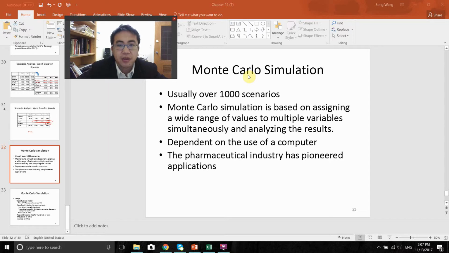This Monte Carlo simulation was first applied in the pharmaceutical industry because it is a very risky industry, and the companies have to take care of their risk. So they have to do risk analysis all the time, and that's why they developed such an advanced technique.